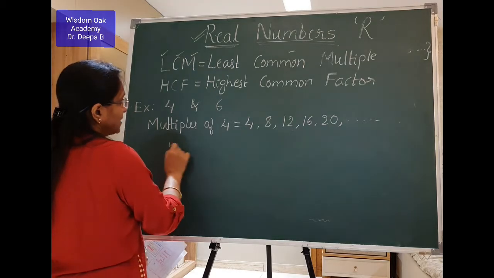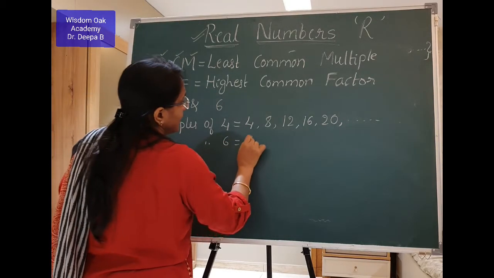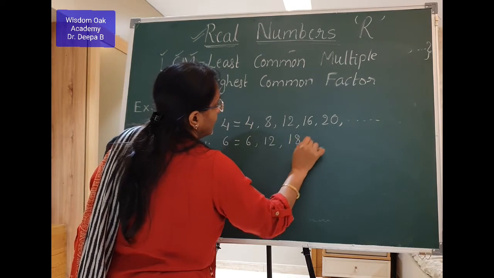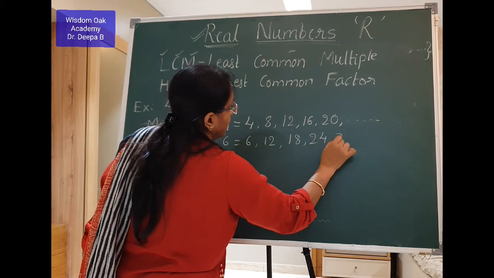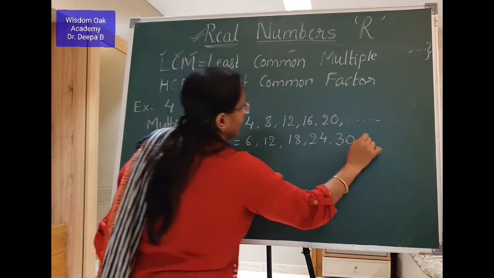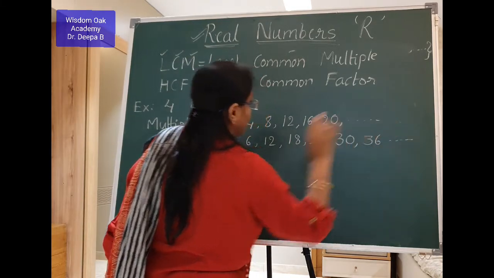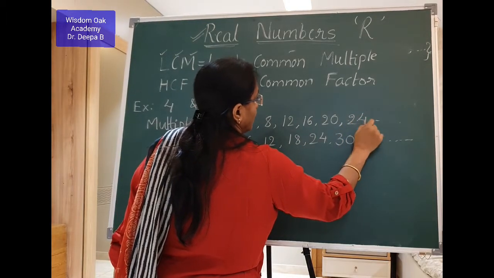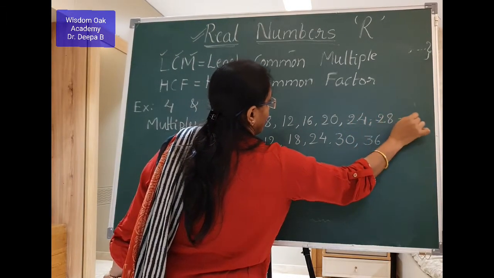Multiples of 6: 6, 12, 18, 24, 30, 36 and so on. Next will be 24, 28, and so on.